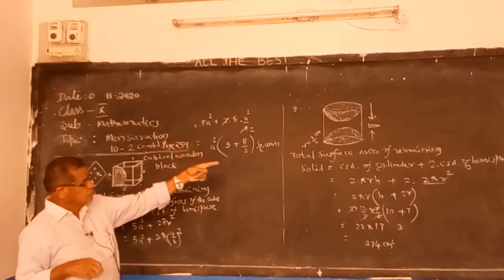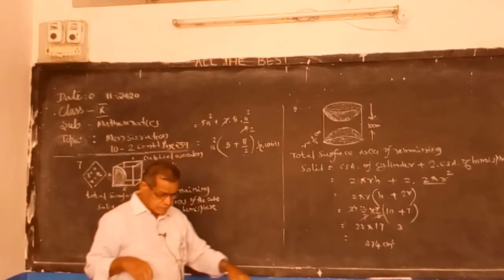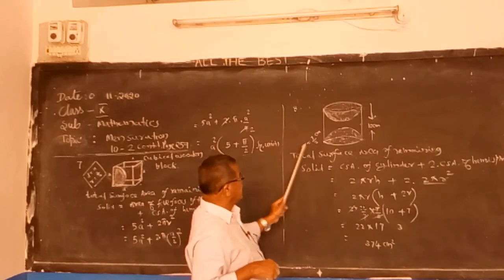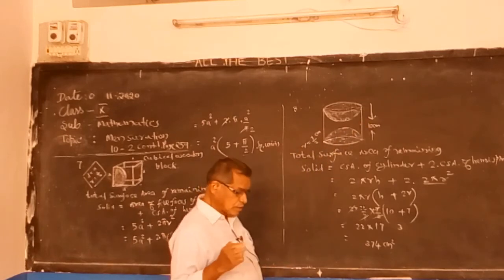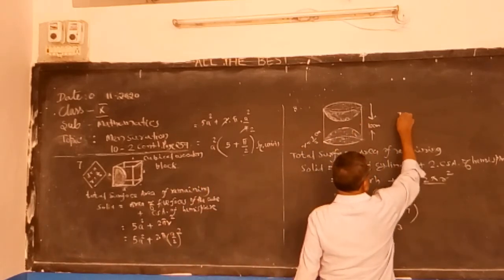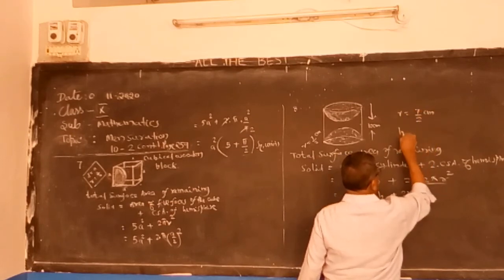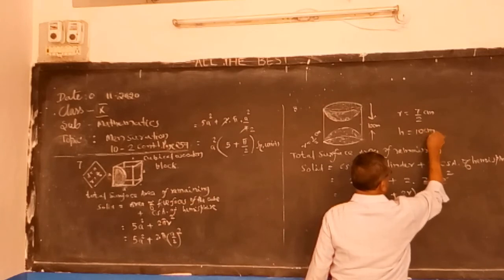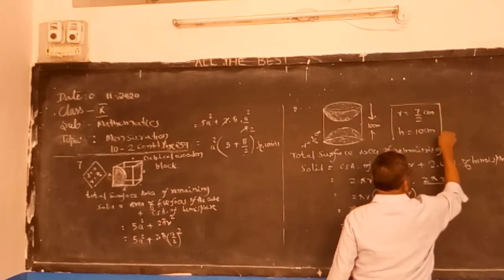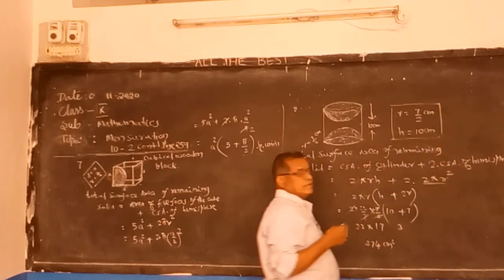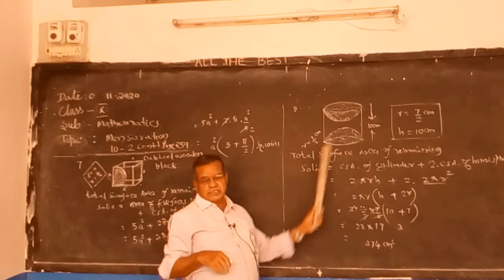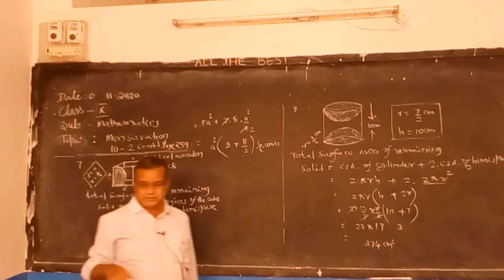Mark radius is this much, height is this much. You can also write it in a box. If you draw in a box, the examiner will be impressed and award full marks.